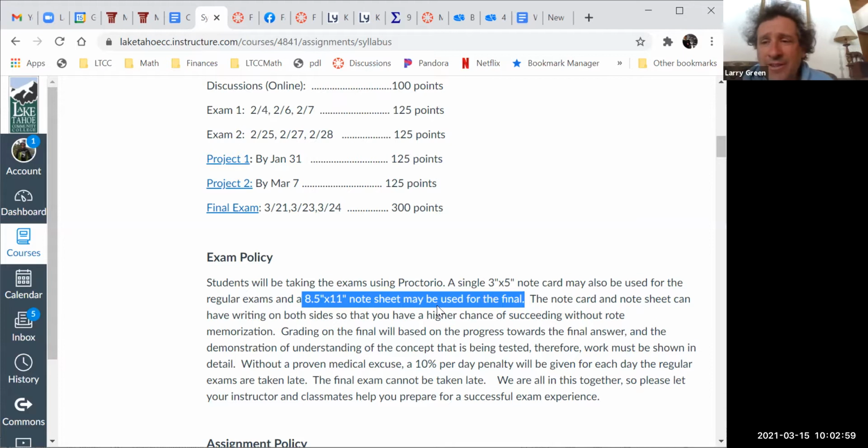If all goes well, I'll have it graded by a week from Thursday. In other words, the day after the last day to take the exam is when I should have the grades done. The only thing that could be a disaster is, I mean, there's a few things, but the main worry is weather.